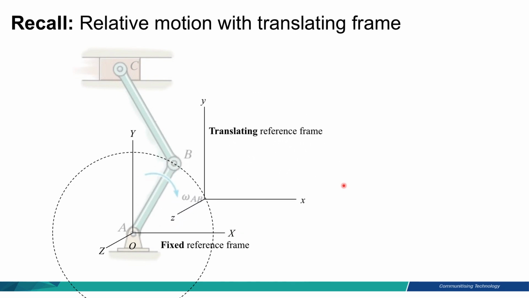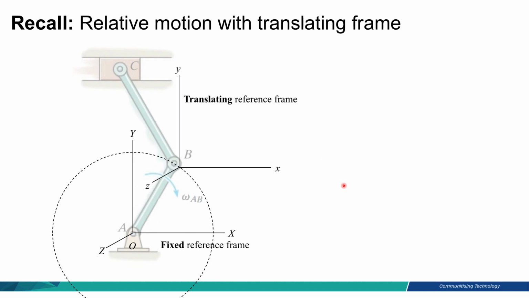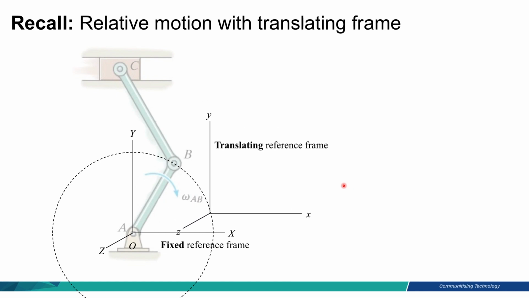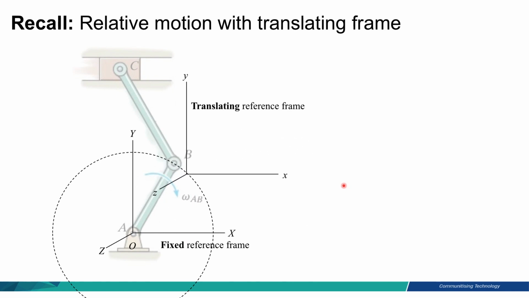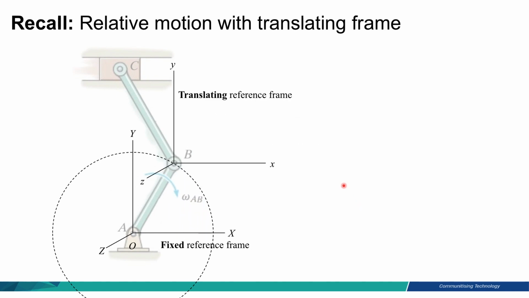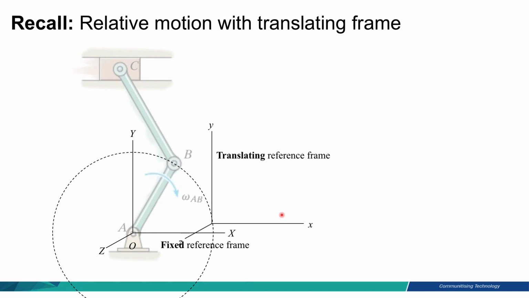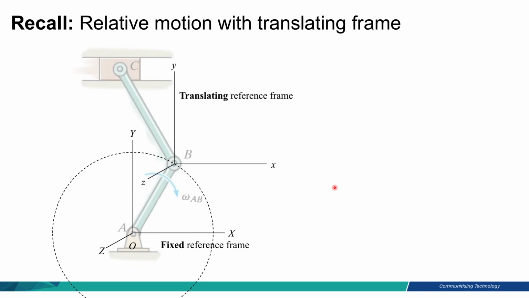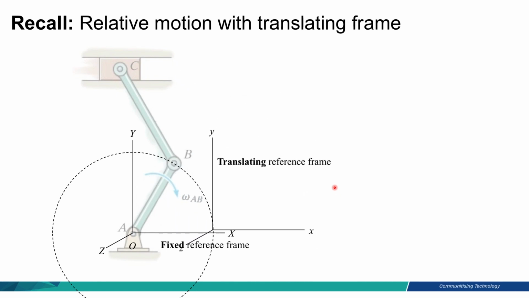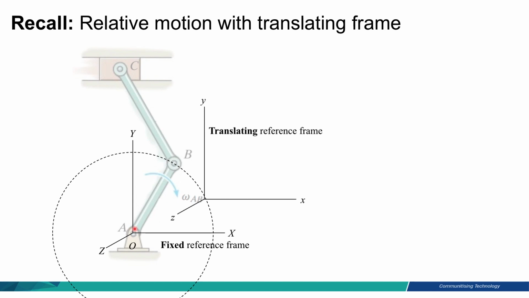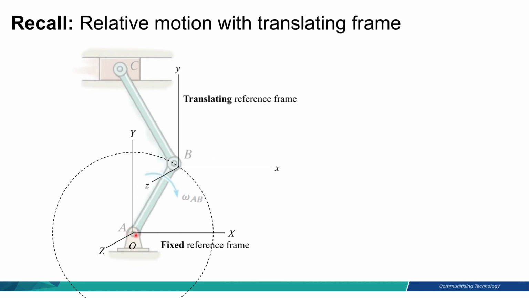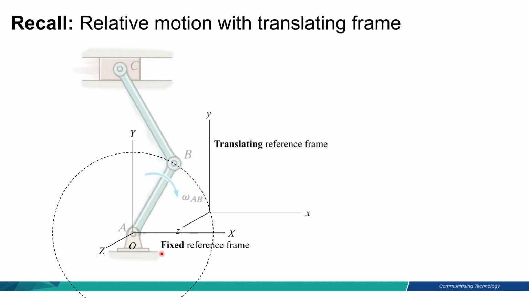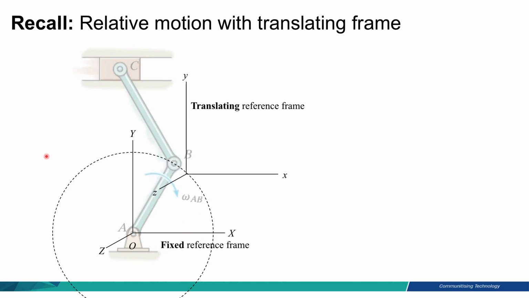The reference frame at point B, or point B itself, is translating in a curvilinear path around point A. This is why it is called a translating reference frame, because throughout the motion it is translating. And this fixed reference frame at point A does not move throughout the motion, and that is why it is called the fixed reference frame.